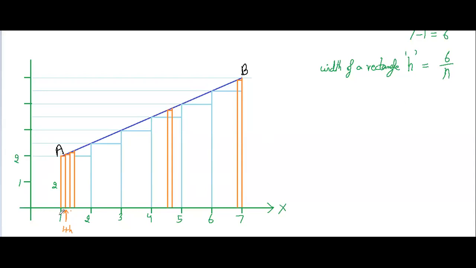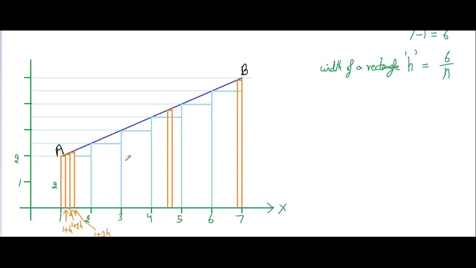So the first number is 1 here. The second number, where my pencil is pointing, is 1 plus h. And this very number is 1 plus 2h. The third number, I'm writing its value here, is 1 plus 3h. I think you understand.